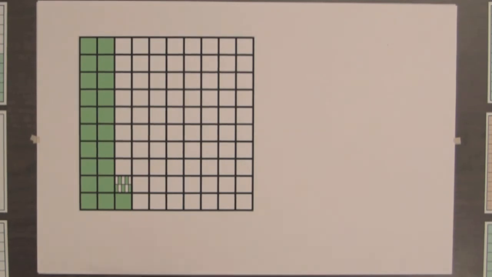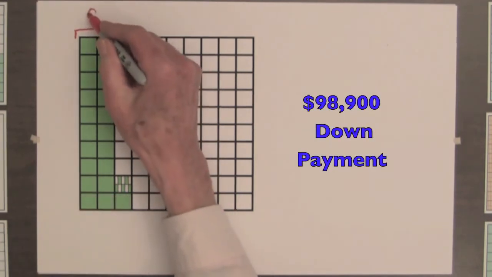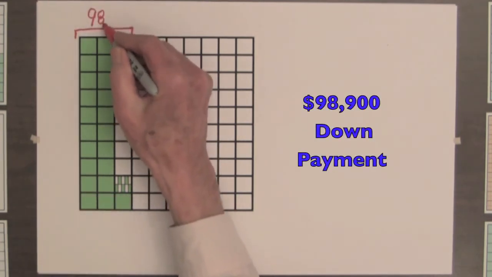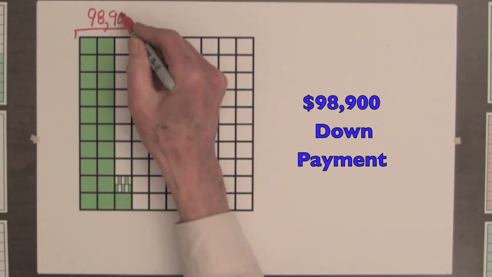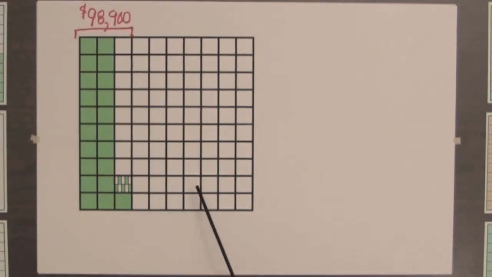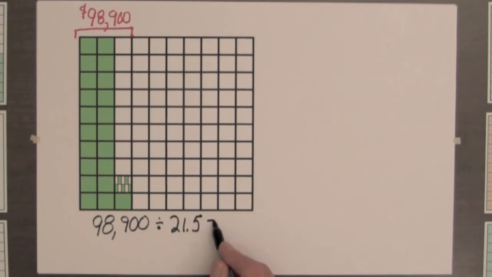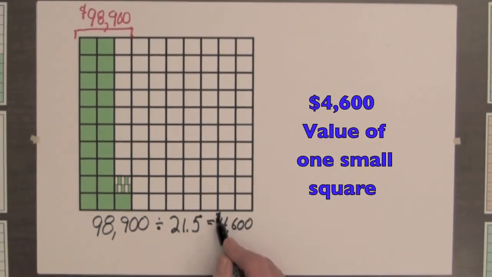The 21 5/10% down payment is $98,900. The value of each small square is $98,900 divided by 21 5/10, and that equals $4,600.